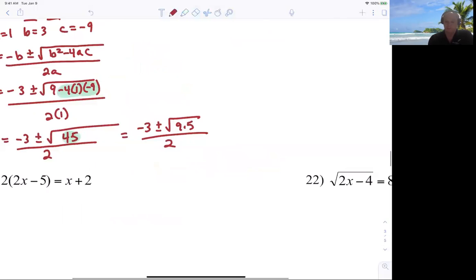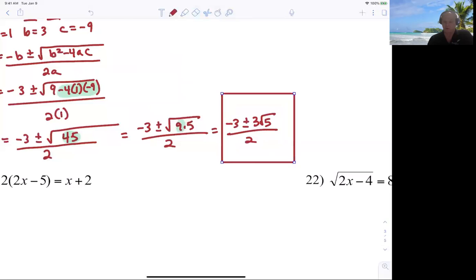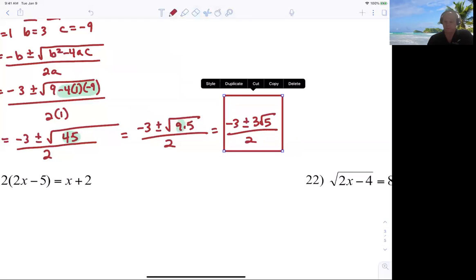And then the square root of 9 is 3. So I have -3 plus or minus 3 radical 5, over 2. And again, that is considered our solution. Easy as that.